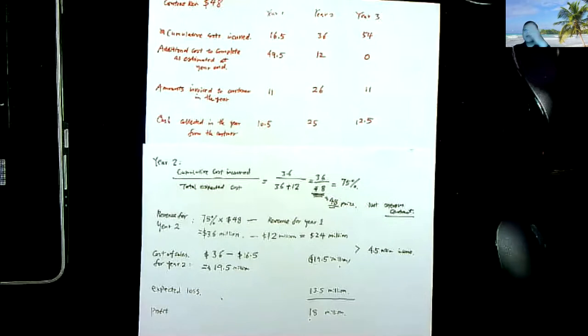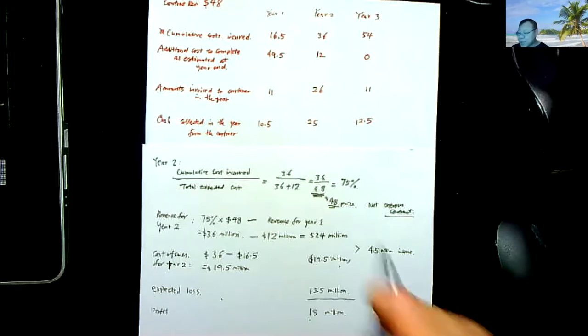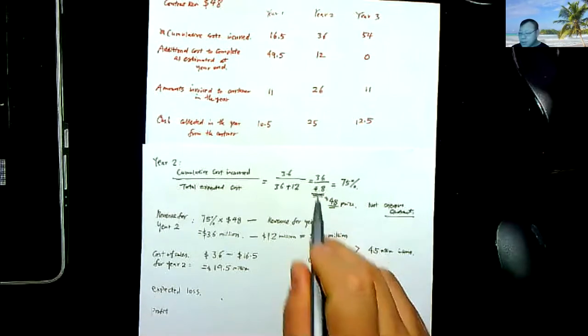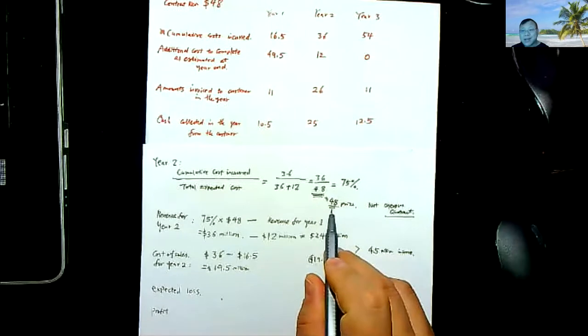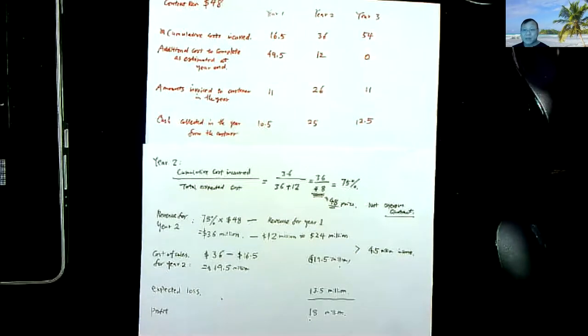So over the two years together, there is no profit, right? And that's exactly what we expected. Thus, the cost equals the price, so you are not expecting any profit from the project.